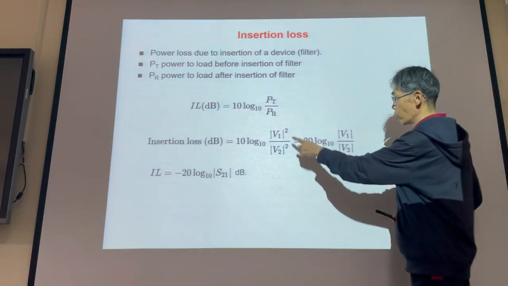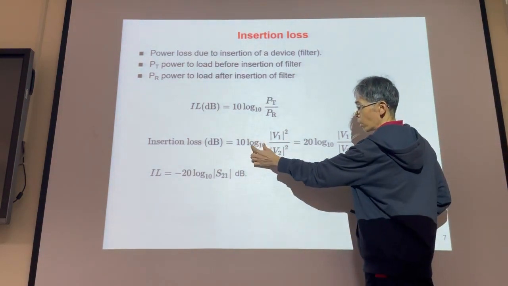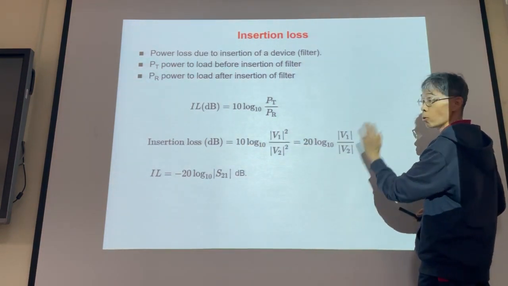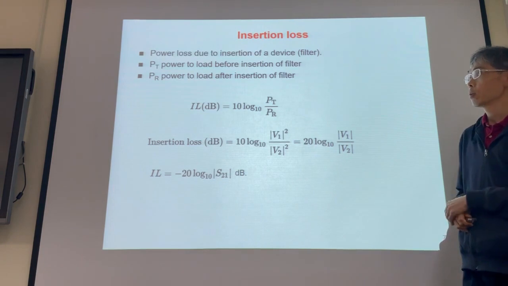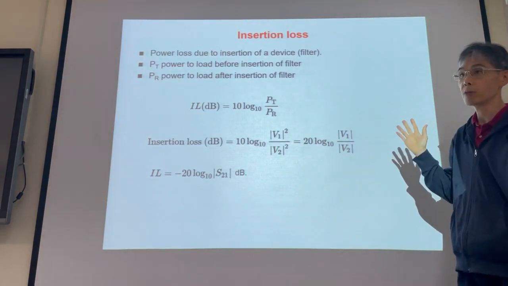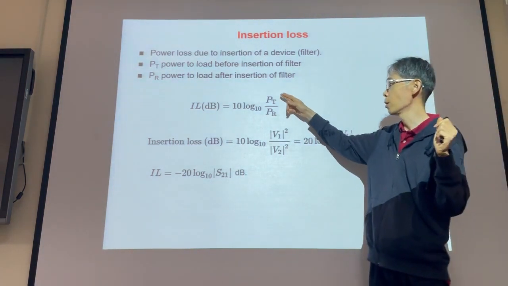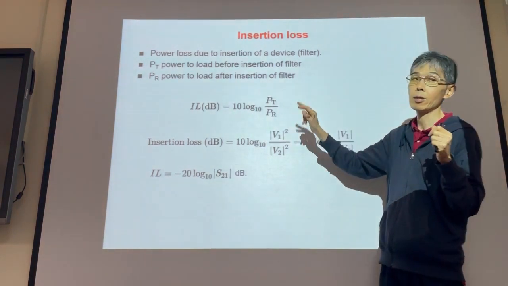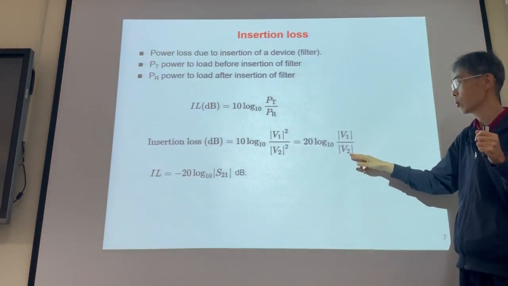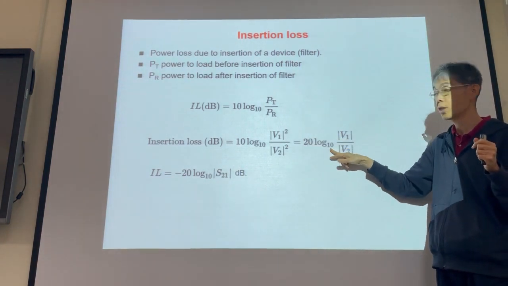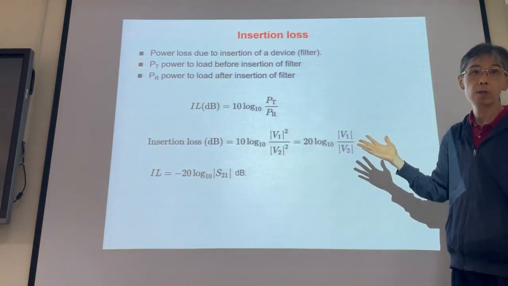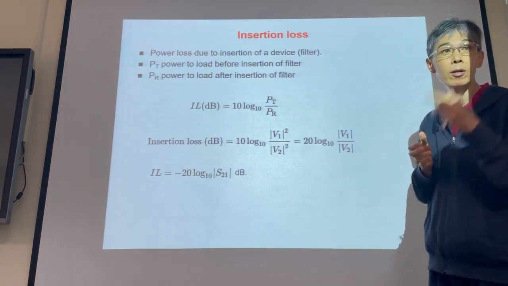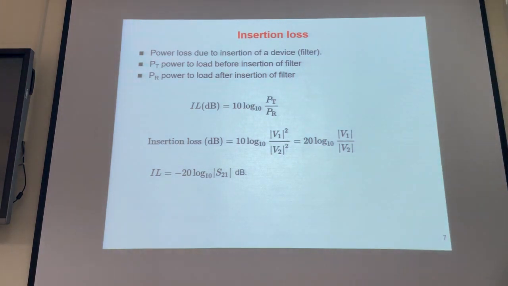If we move the square in front of the log, this is 20 log V1 over V2. So don't be confused. If we use power, this is 10 log 10; 10 is the base. If you use voltage, this is 20 log 10. Do you understand?